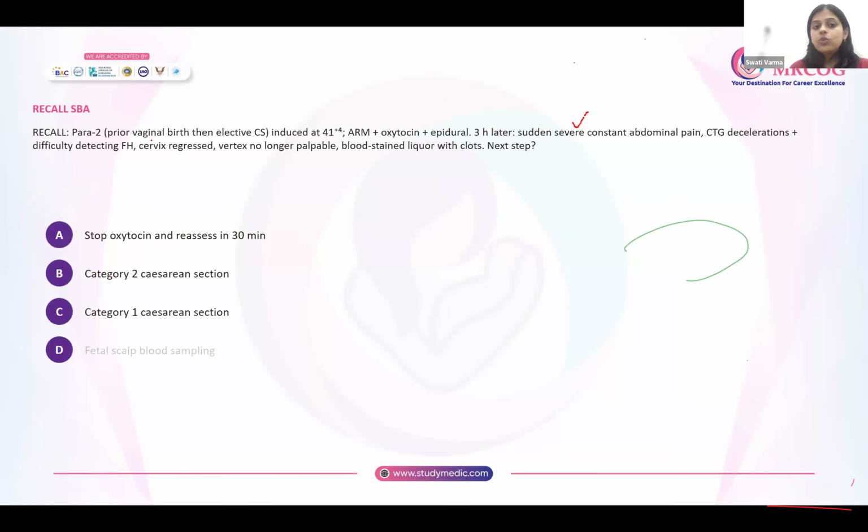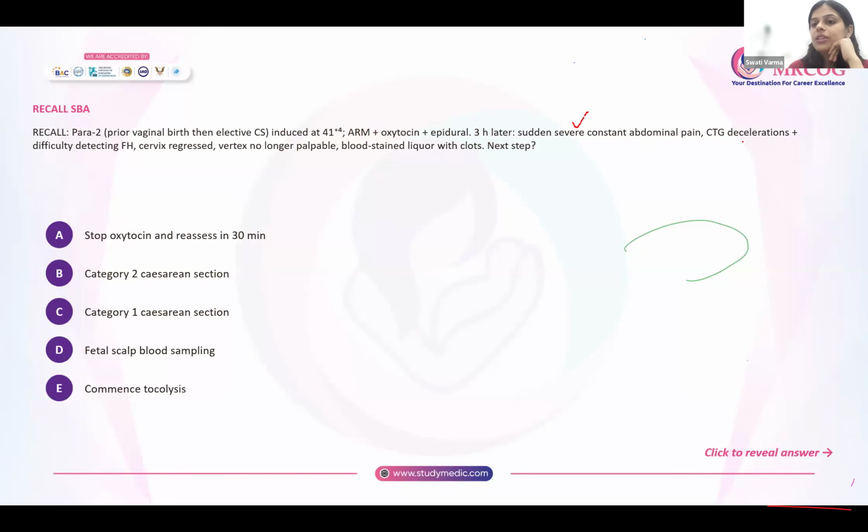Next, para 2, prior vaginal birth, then elective CS, induced at 41 weeks, 4 days. Means 1 vaginal birth and 1 cesarean section she has already undergone. She is induced with ARM and oxytocin and epidural given. 3 hours later, she reports sudden severe constant abdominal pain.